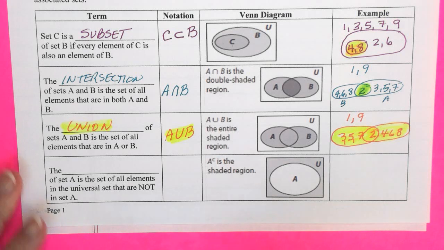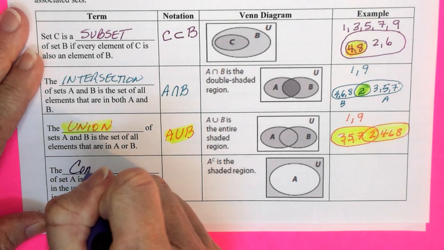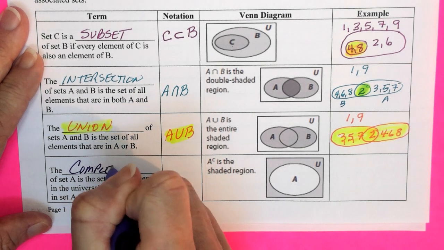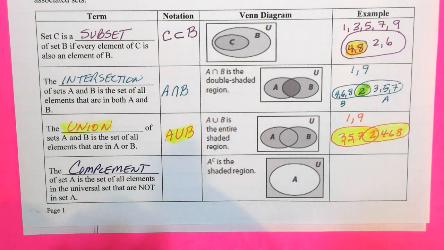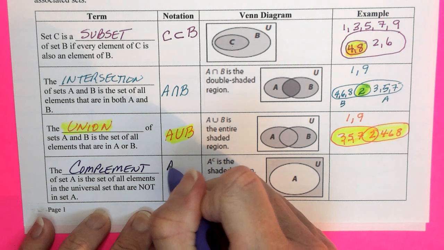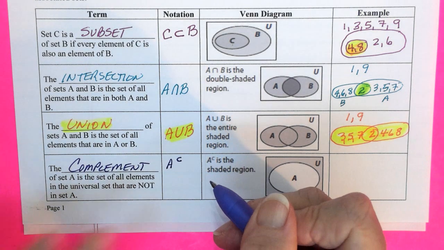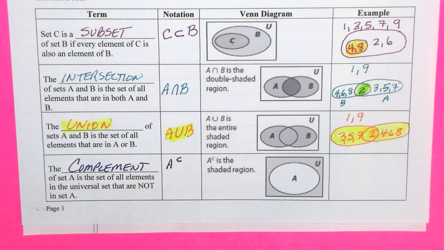It's complement. So I'll write the word complement, C-O-M-P-L-E, complement. And it does have an E right there. And we write this A with a little C above. There's actually many ways in my other notes on how you can do this. This is what we happen to see.